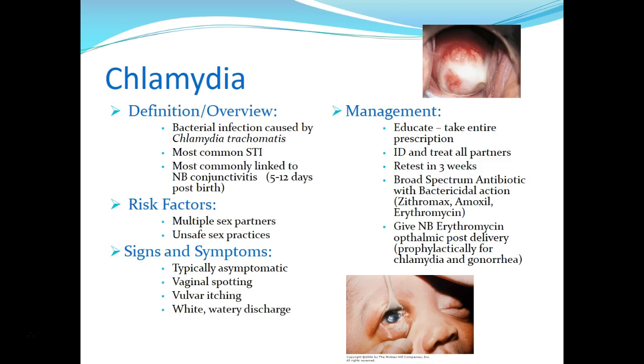Risk factors for chlamydia are people who have multiple sex partners or unsafe sex practices. Usually it's asymptomatic, so the mother or the female or the male don't even know that they have it. Sometimes they'll have vaginal spotting or they'll have some itching, and they may have a white or a watery discharge.